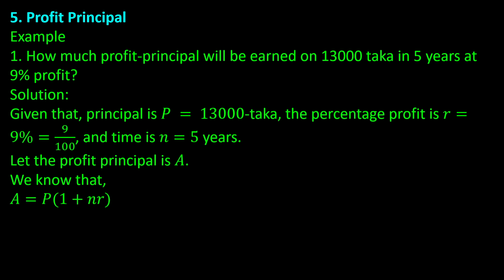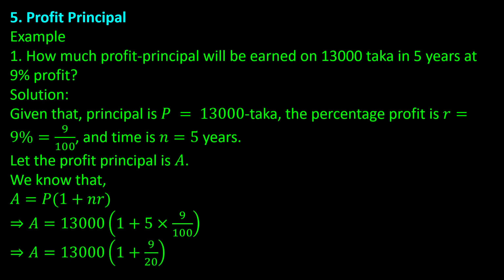Putting the values of P, N, and R on the right side of this equation, we get A equals 13,000, because in place of P I put 13,000, in place of N I put 5, and in place of R I put 9 by 100.